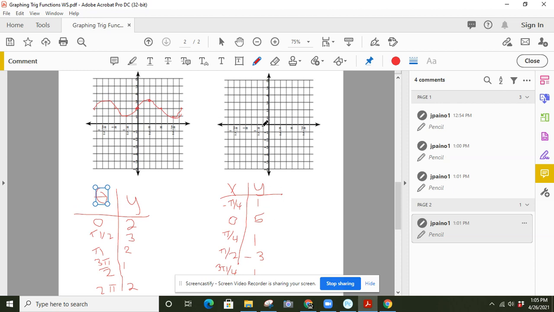So at negative pi fourths, I'm at 1. At 0, I'm at 5. At pi fourths, I'm at 1. At pi halves, I'm at negative 3. At 3 pi fourths, I'm at 1. So you can see one cycle of the graph is going to look like this.